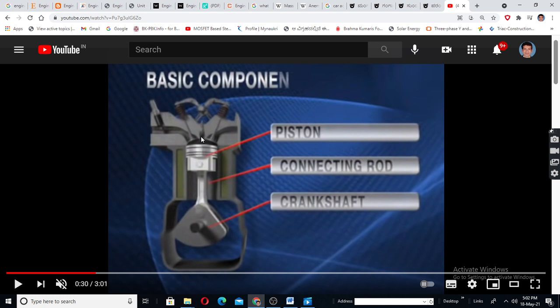Then the spark plug should be ignited. So we should first do the suction stroke, means expansion. First fuel should be taken inside, then compressed. While taking inside, this should be open. First stroke. Then while compressing, both should be off.